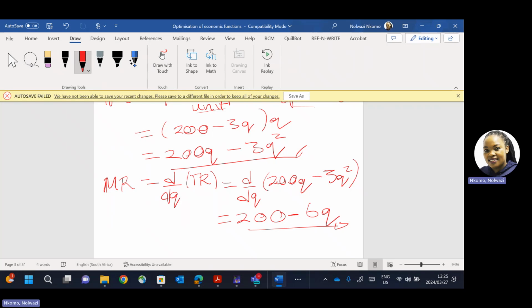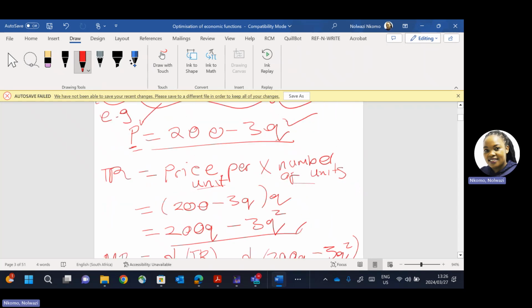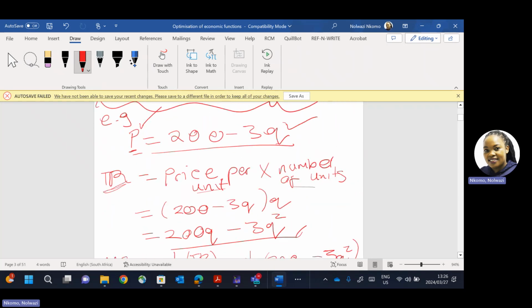This means the total revenue has its turning point where the marginal revenue is zero. Remember, we said the turning points are the points whereby, for your given function, its derivative is zero. Let's say our given function is the total revenue.